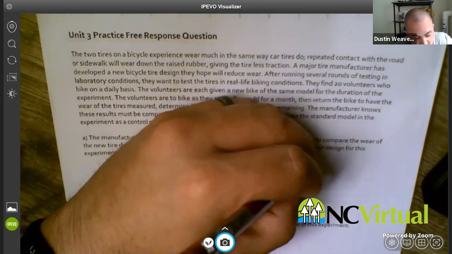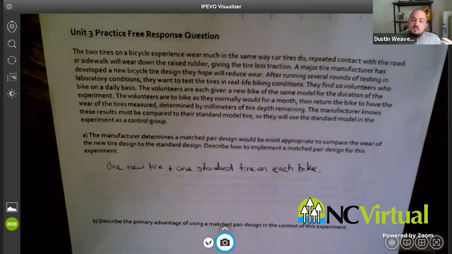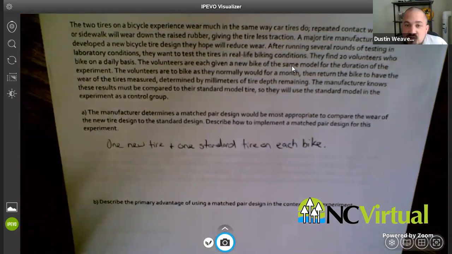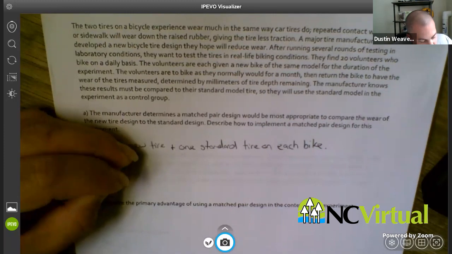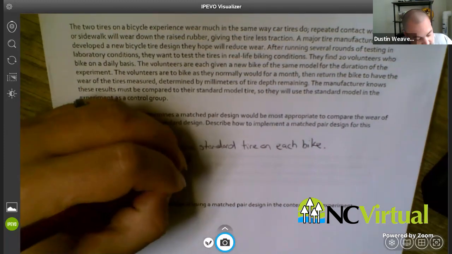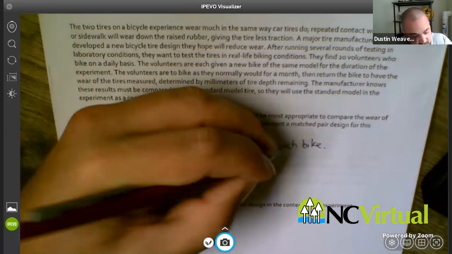So that way you know it's getting the same amount of use, right? So if you have a new tire and a standard tire on each bike, then you know it's getting the same amount of use. And then you would want to randomly decide, so randomly select which one goes on the front or back.